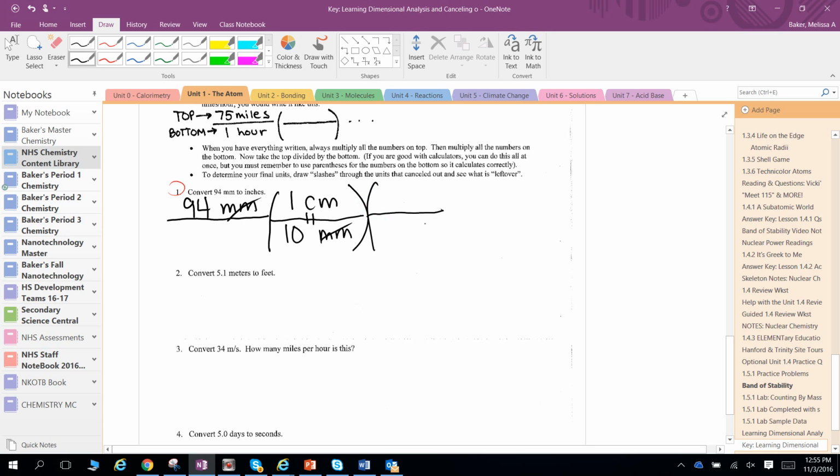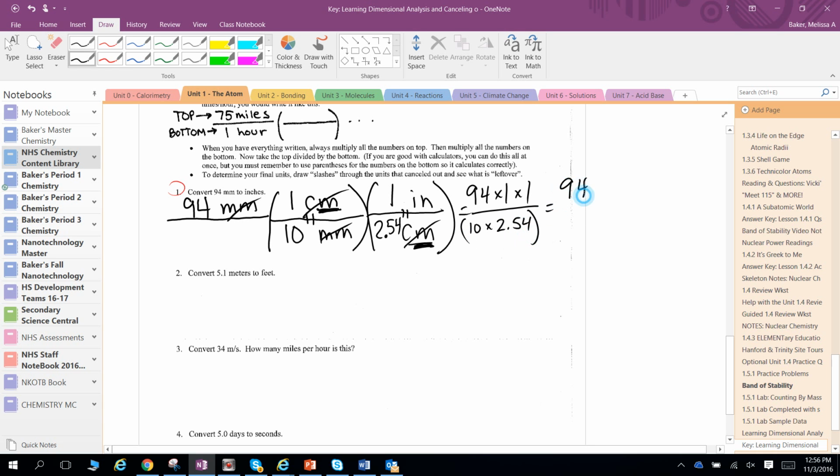But I'm not going to stop because I want to get centimeters into inches. So I know that I want centimeters on the bottom because I want them to cancel out here. So the other conversion was 2.54 centimeters is equal to 1 inch. So now centimeters are going to cancel out, and I'm going to do 94 times 1 times 1 divided by 10 times 2.54.